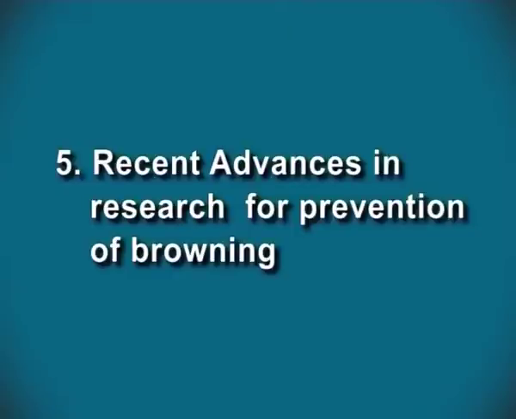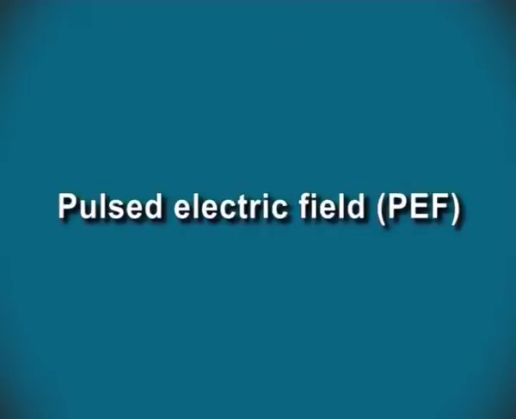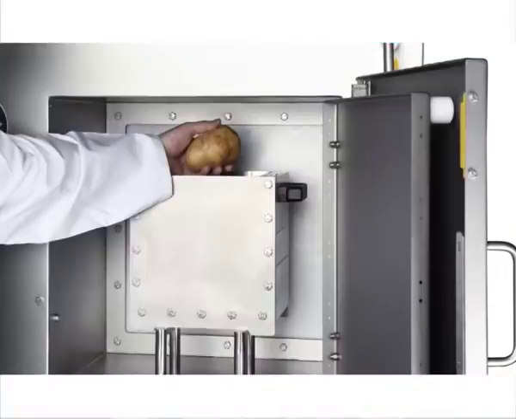Let us have a look into the recent advances in research for prevention of enzymatic browning. Pulsed electric field, or PEF. It is an emerging non-thermal food preservation technology that has been researched and developed close to the commercial stage.